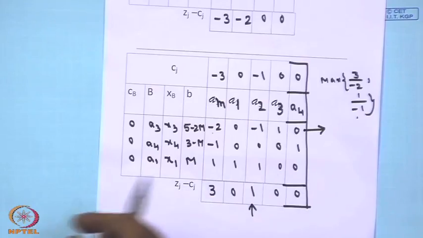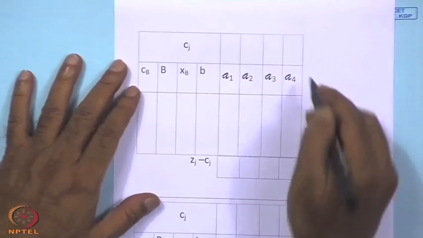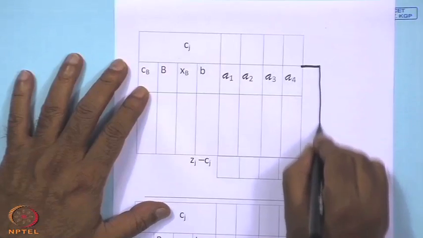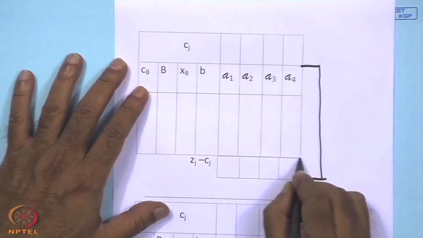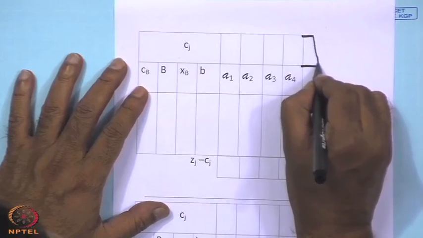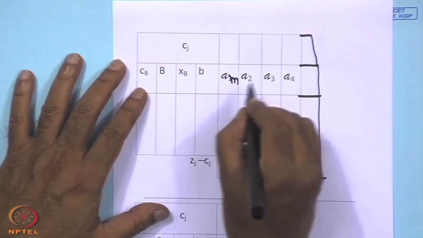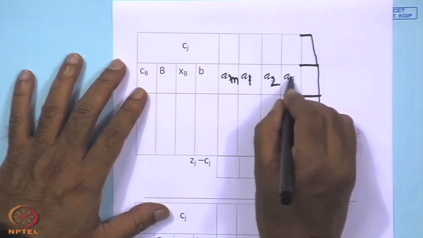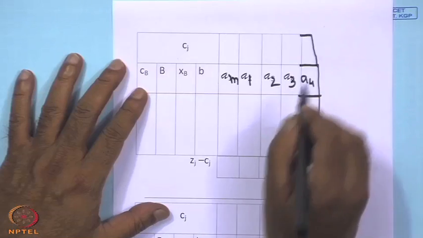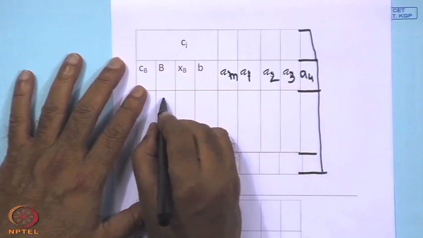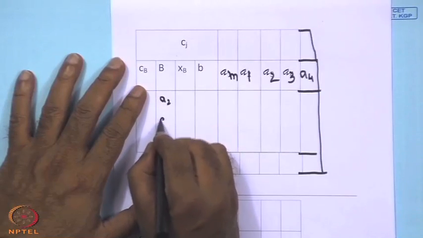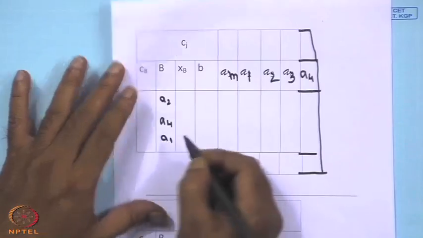So, once you are doing this, again I have to make this change. This is a m, a 1, a 2, a 3 and a 4. So, now you will have a 2, a 4 and a 1, these three are coming.